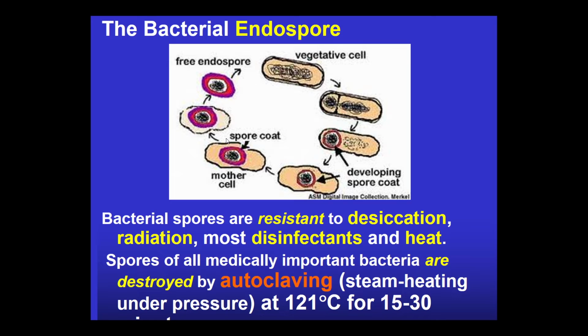So, sporogenic bacteria have a life cycle with alternating sporulation and germination.